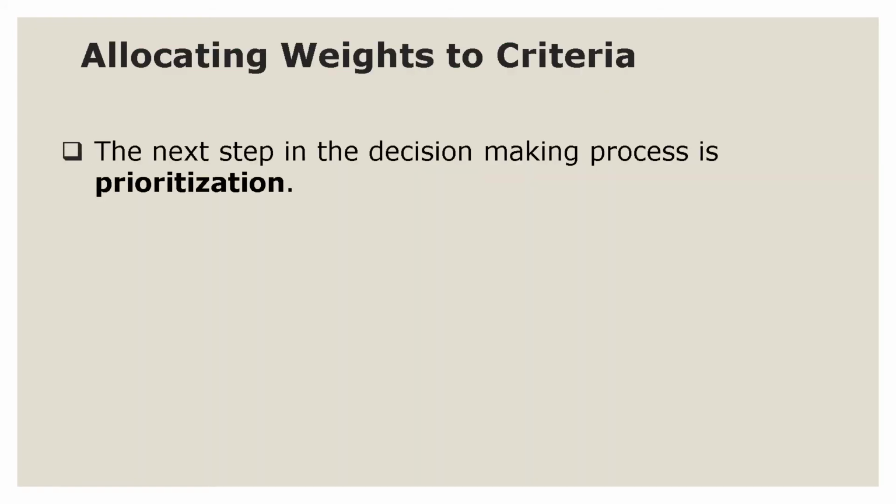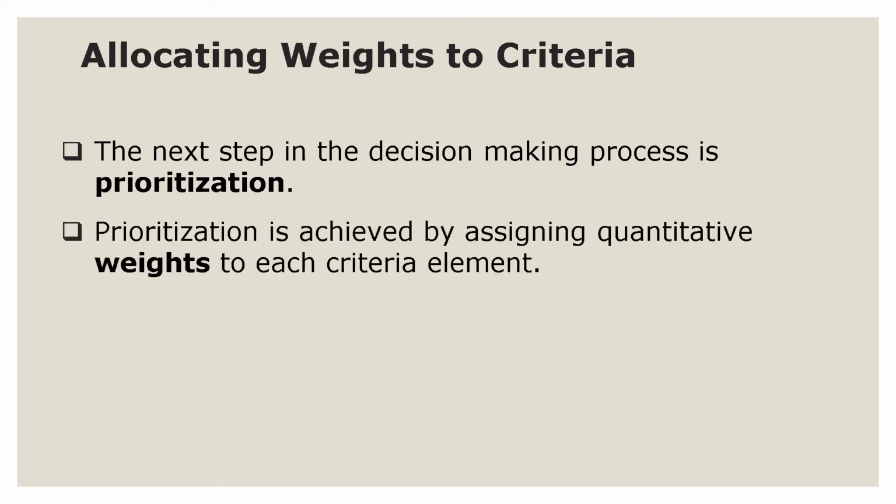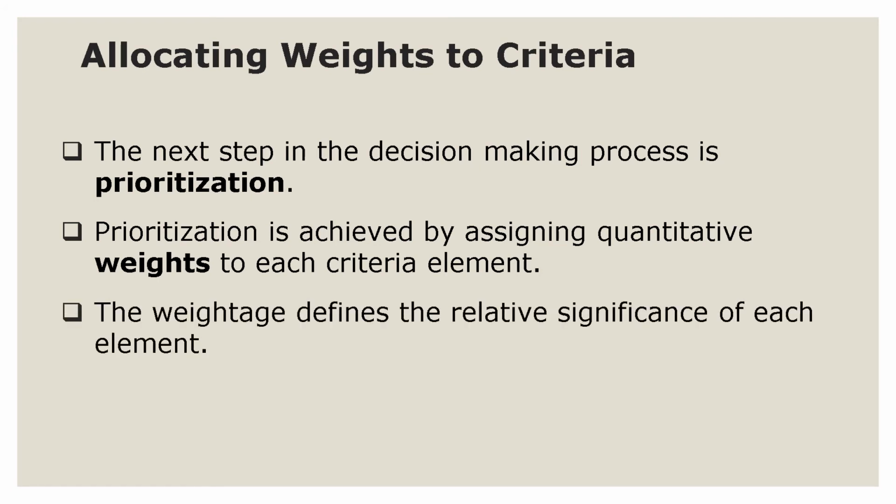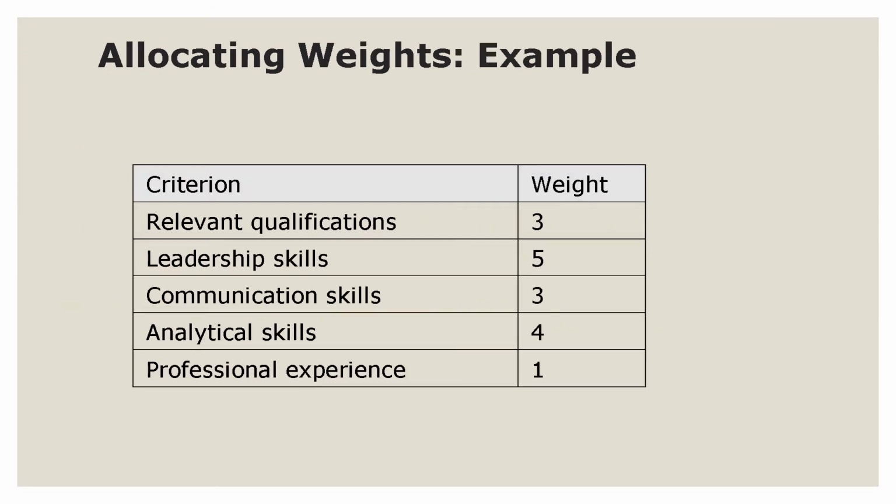So the next step in the decision-making process is prioritization. Prioritization is achieved by assigning quantitative weights to each criteria element. The weightage defines the relative significance of each element.